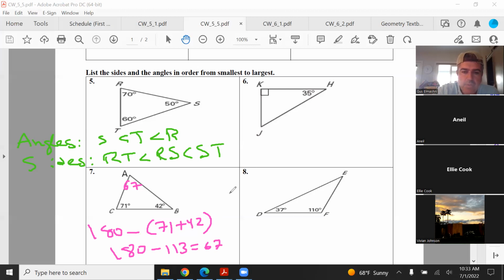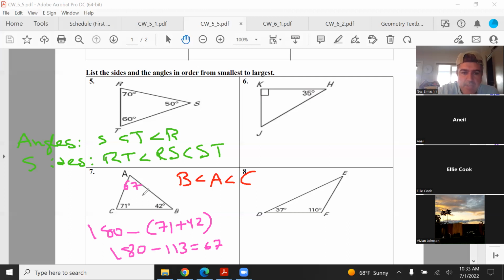So clearly angle B is less than A is less than C. That's obvious for the angles.